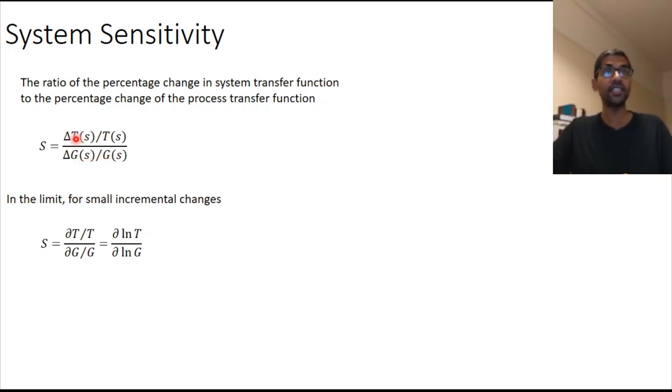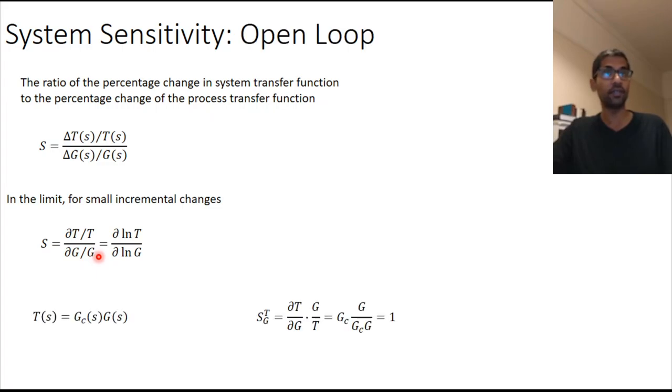And sensitivity is given by (delta T over T) by (delta G over G). Okay, and you can evaluate that. When the changes are very, very small, instead of using delta T, you can use differentials, and you could say (dT over T) over (dG over G).